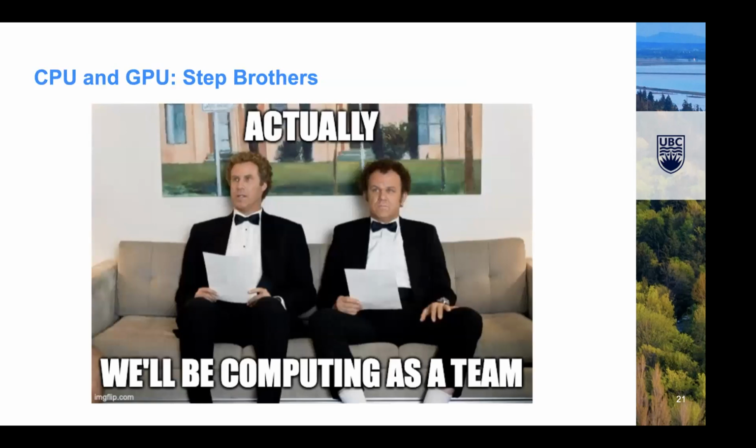So we talked about that briefly here. CPU and GPU, they're not really standalone things. You don't just run a job on a GPU. You don't just run a job on a CPU. I mean, you can if you're not using a GPU, but really CPU and GPU function and compute as a team. And it's really important to understand and remember that when you're planning your job, when you're writing your script.